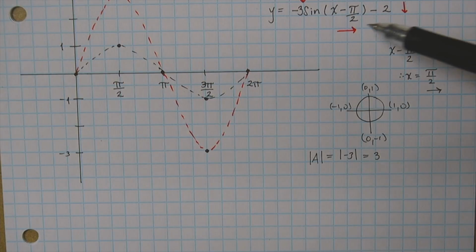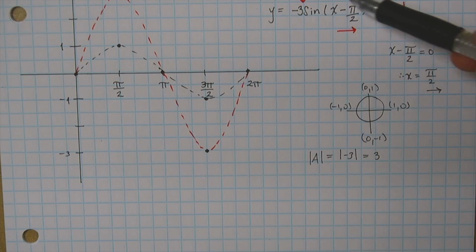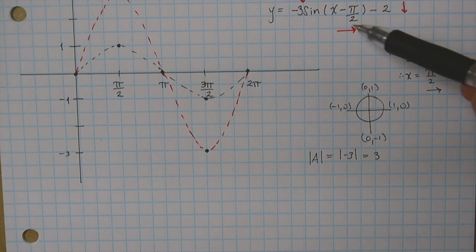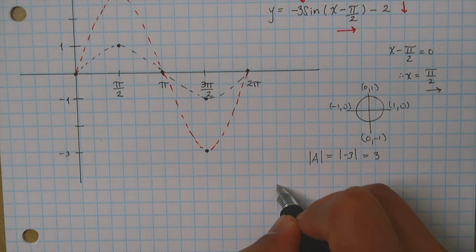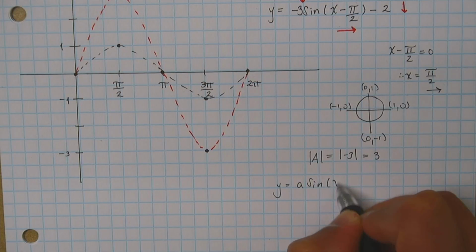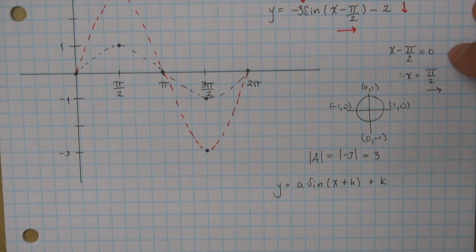Now after that, you want to go ahead and shift it. Remember, the inside part moves it left and right, and this one on the outside, your k, moves it up and down. Normally you have y equals a sine of (x plus h) plus some constant k on the outside.